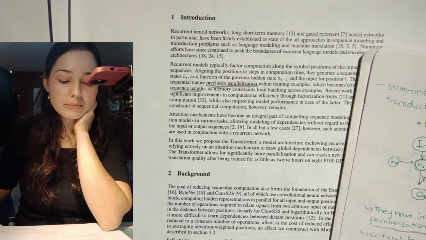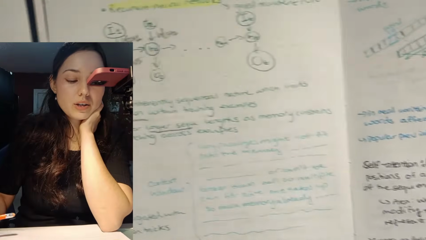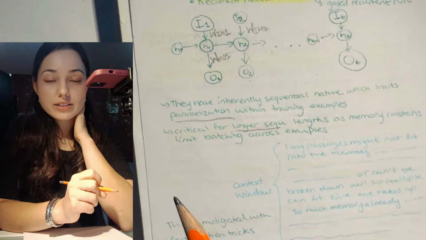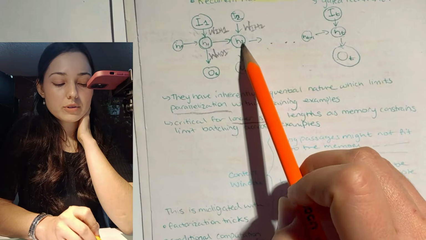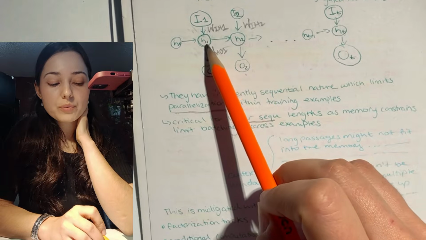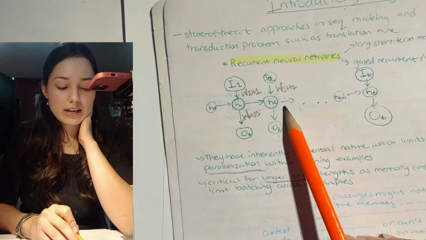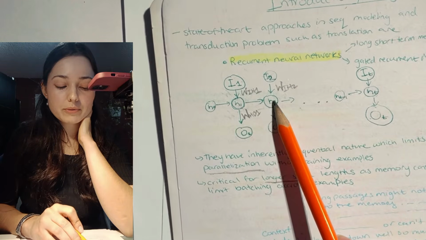If we have a sequence of words that we're trying to translate, for example, "I love cats", then for "love", we have to wait for the computation before it to finish before we can move on to the next computation. So we have to wait for this to finish before we can get to this one.